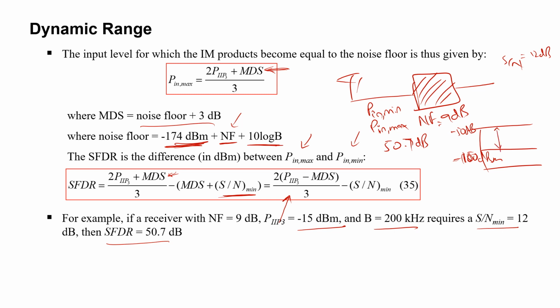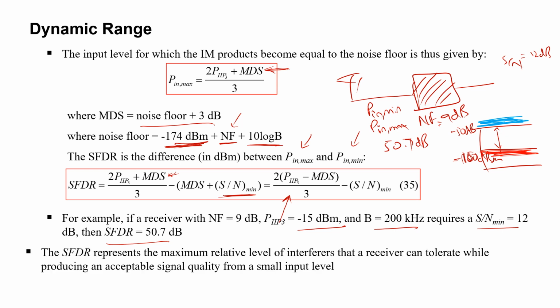After this, the receiver will not work nicely. It will have intermodulation product and interference. Below this value, I will just receive noise. So I just want my receiver to operate in this dynamic range. 50 dB is a pretty big number. If I make a receiver with 50 dB of spurious free dynamic range, it means I'm a good engineer.